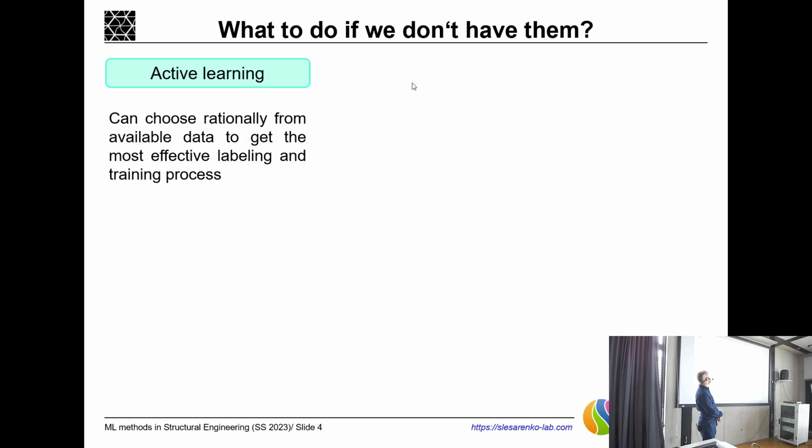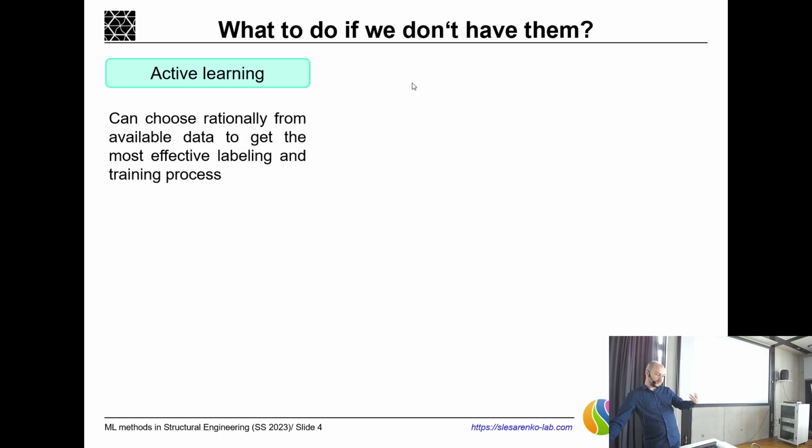One is called active learning. In this case, we have quite a big design space, quite a big amount of data, and we try to label this data effectively.